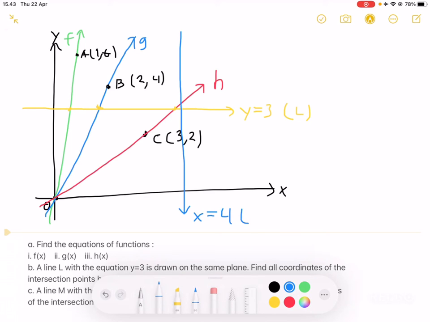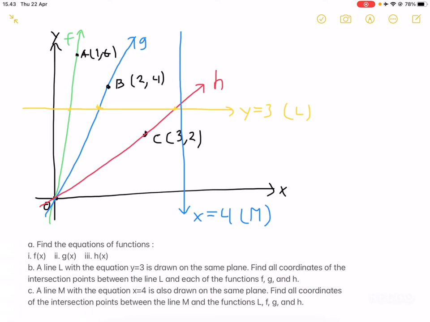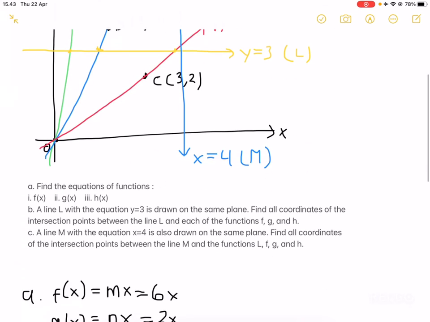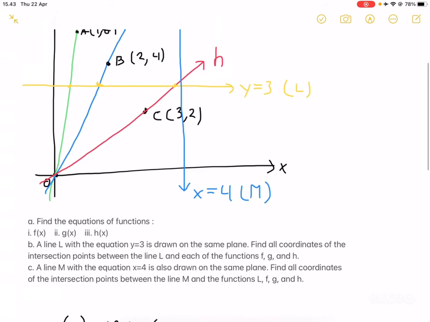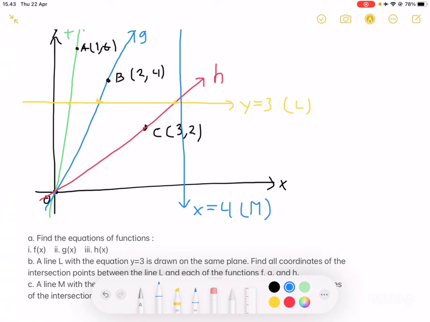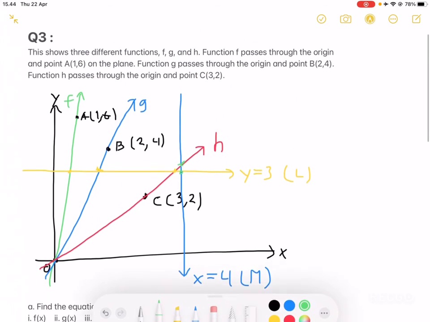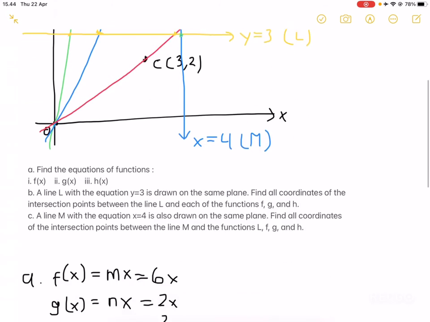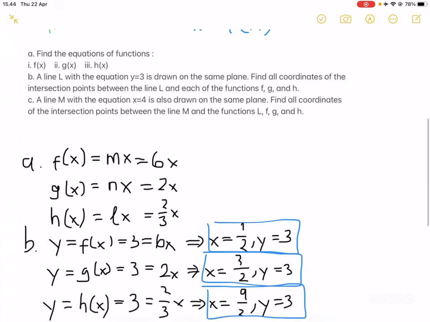So this equals x equals 4, and this is line M. We need to find all coordinates of the intersection points between the line M and the functions L, H, G and F. So notice L intersects once, H intersects once, G and F. If you extend M, F, and G, it will intersect each exactly once at a certain point.